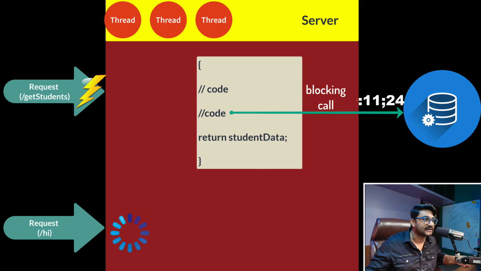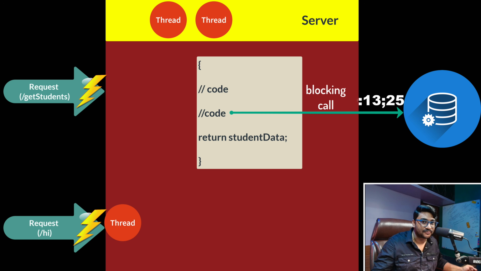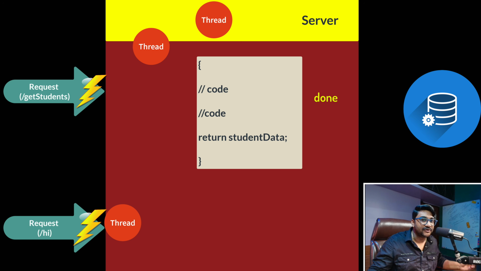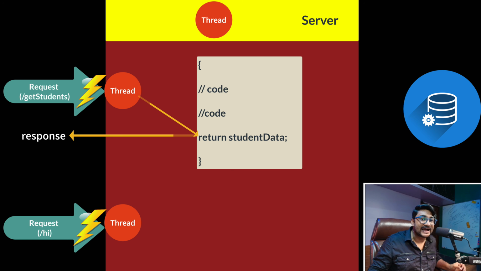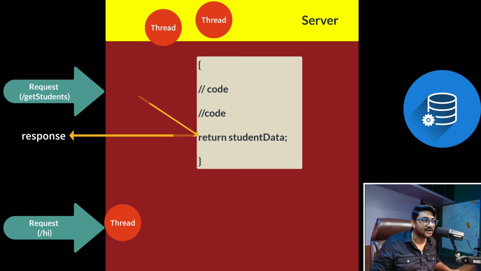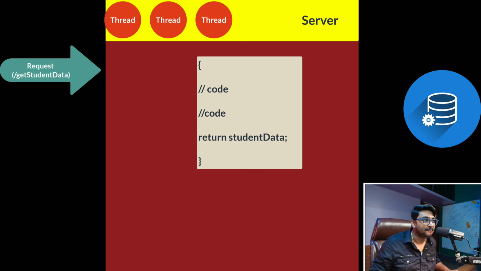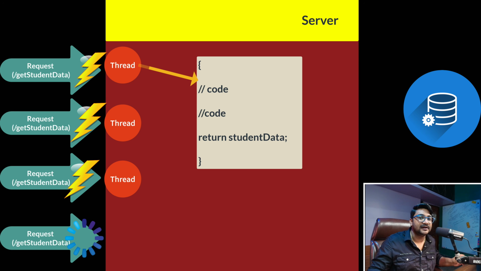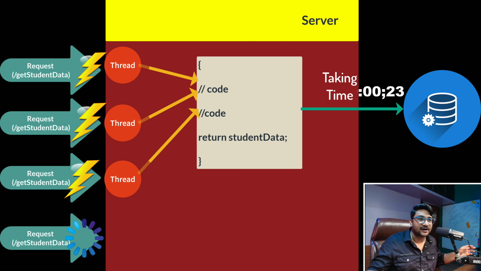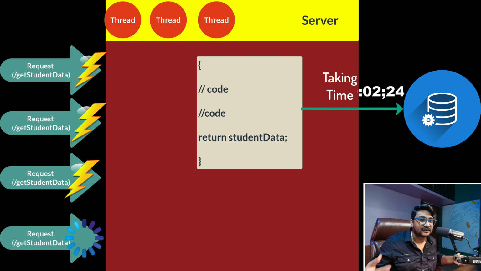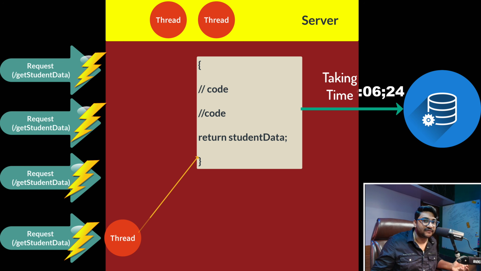I can go ahead and handle somebody else's request. We do not want our thread to sit idle. We want some kind of asynchronous behavior here. We do not believe in the thread-per-request model right now. We want one thread to handle multiple requests, and whenever some idle work is going on, the thread should be free and do something else, right?